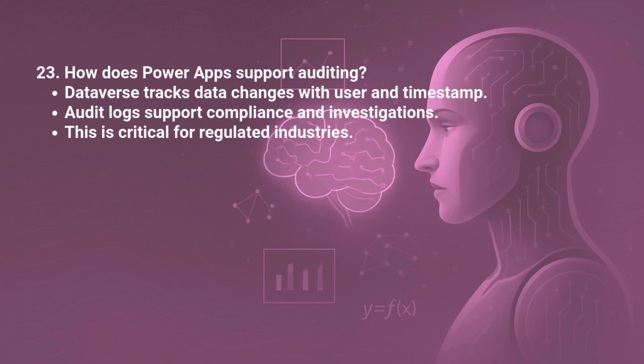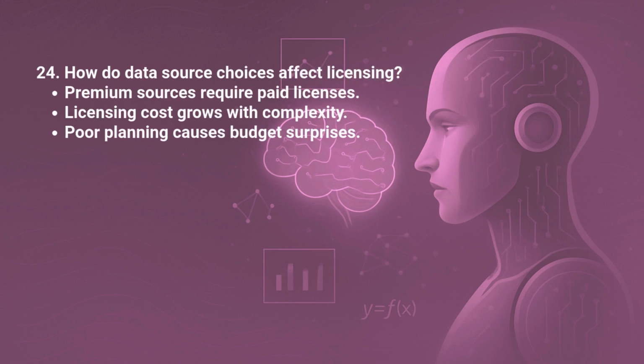23. How does Power Apps support auditing? Dataverse tracks data changes with user and timestamp. Audit logs support compliance and investigations. This is critical for regulated industries. 24. How do data source choices affect licensing? Premium sources require paid licenses.